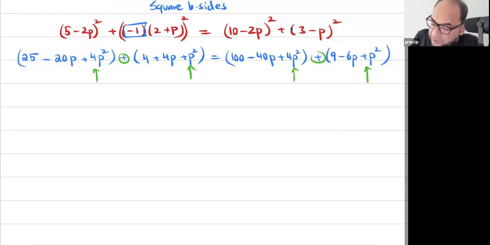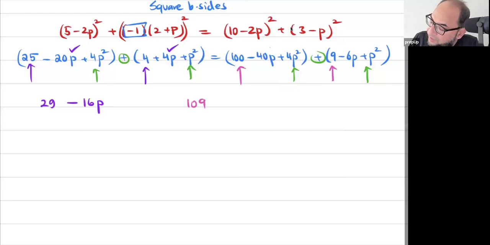And then we have 25, we have 5. So this is 29. Minus 20p plus 4p, that is negative 16p. On the right hand side, we have 100, we have 9, this is 109. And then we have negative 40p, negative 6p, negative 46p. So now let me move the negative 46p to the other side.